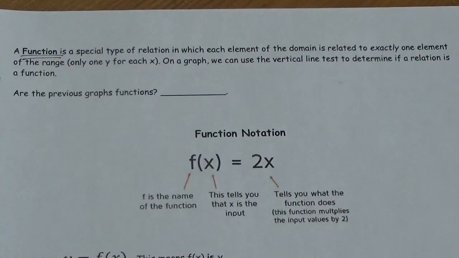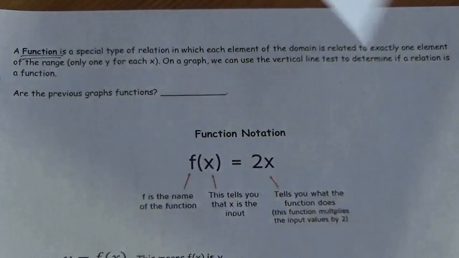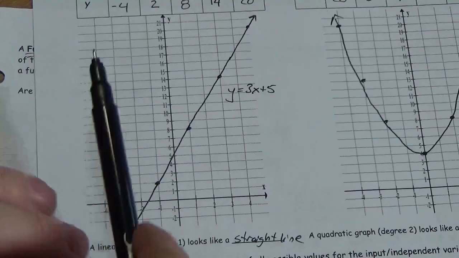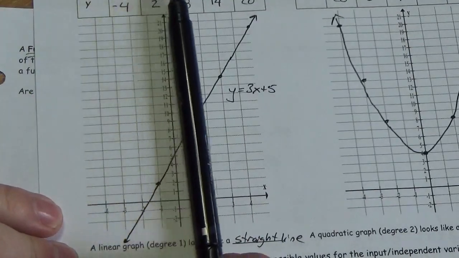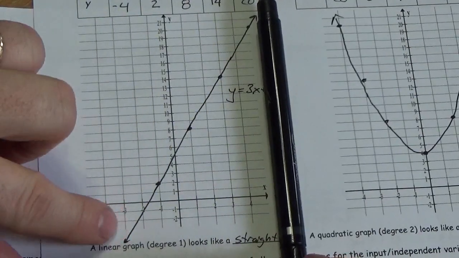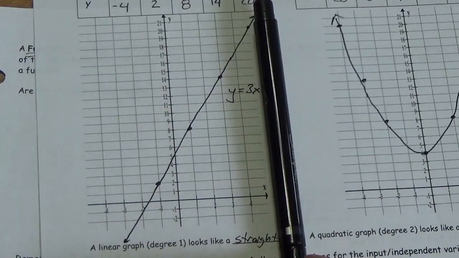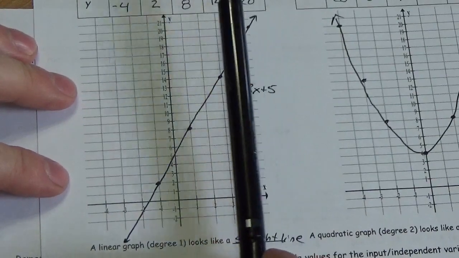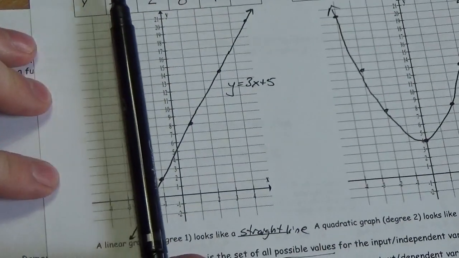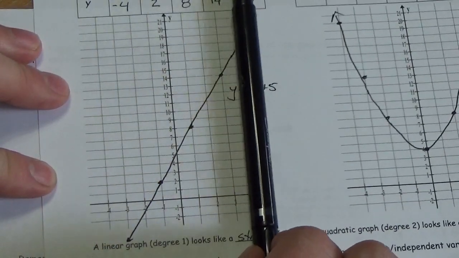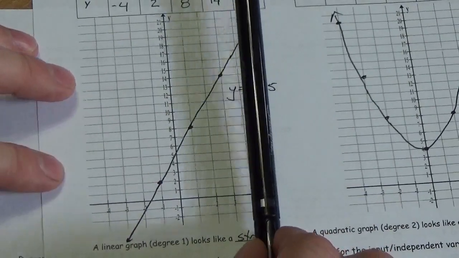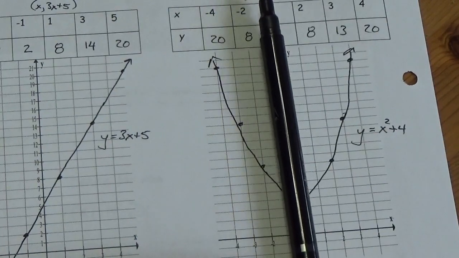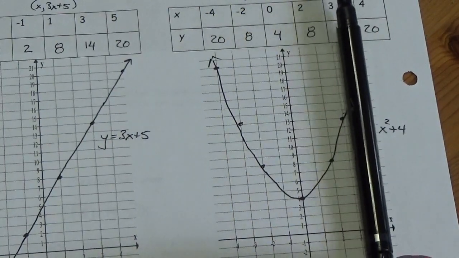If we take a quick look back at the two graphs we were just working with: if I take a vertical line and slide it along this curve here, and I use the word curve really in the general sense, anything that can be graphed is called a curve typically. But if I slide my vertical line along here, I always hit this line just once. Even same thing with the parabola. As I slide this line across it, I only ever hit the parabola once.